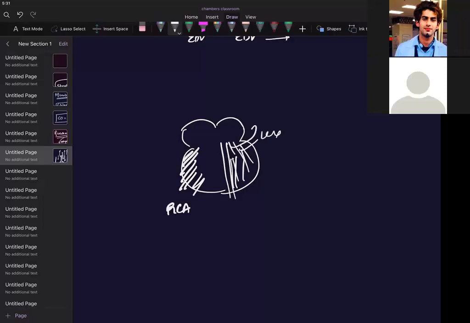The concept is that, for example, this is the left anterior descending artery, and it will be giving some branches later on. And this is the left circumflex artery.